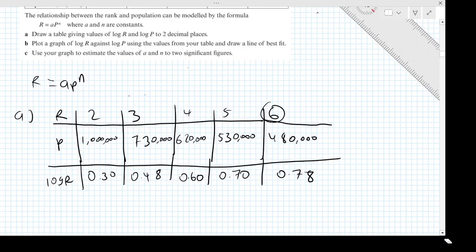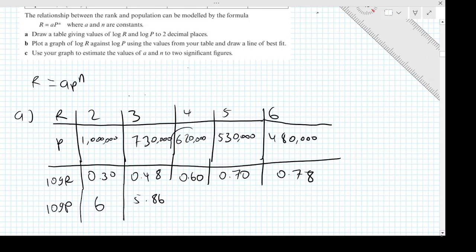Now log P, I'm going to do the same for these values. Firstly, log of 1,000,000 is just 6. Then log of 730,000 is 5.86 to 2 decimal places.